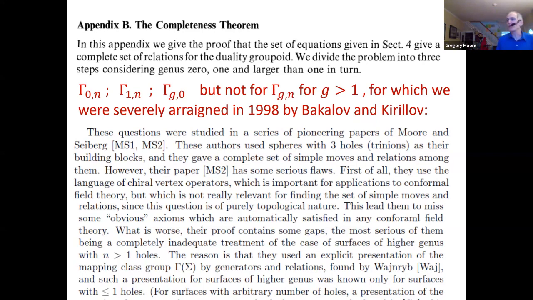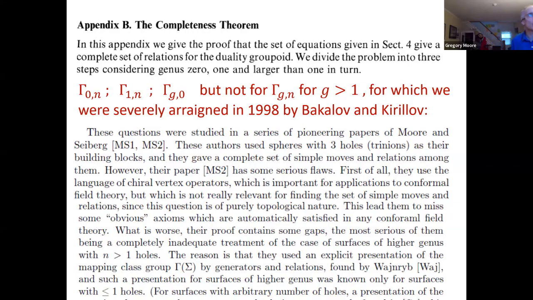Our method of proof was to take a set of generators and relations and assign matrices associated with those generators, and then check that the relations hold up to a projective factor. We couldn't do it for genus bigger than 1 with punctures because no such presentation was known, at least not to us.